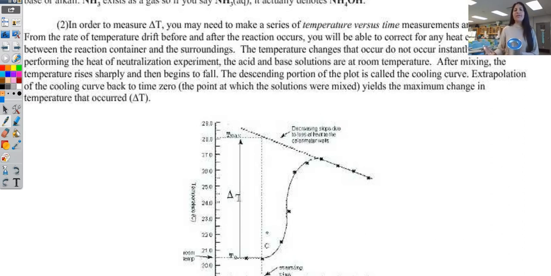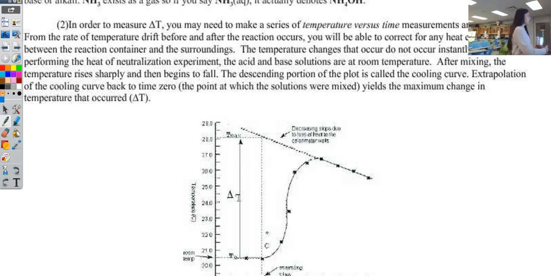Now, you're thinking, but it's been sitting at room temperature, so isn't it at a constant value already? The only thing is that once you put it inside of this calorimeter, the temperature is going to change a little bit because of the metal piece and the styrofoam that's in there. So just keeping that in mind, not going to change much, but what you want is a stable temperature before you start. And so they ask you to graph this, and here's why.